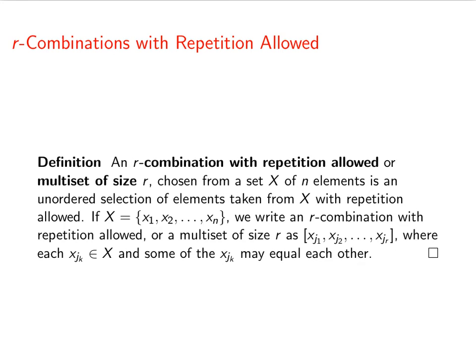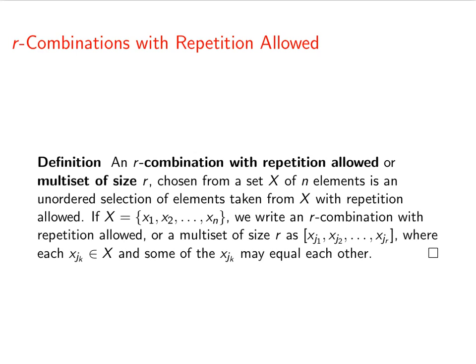All right, here's the definition that we want to make. An R combination with repetition allowed, or, this is another term that we might run into, a multiset of size R, is chosen from a set X of n elements. What it is, is an unordered selection of elements taken from X with repetition allowed.